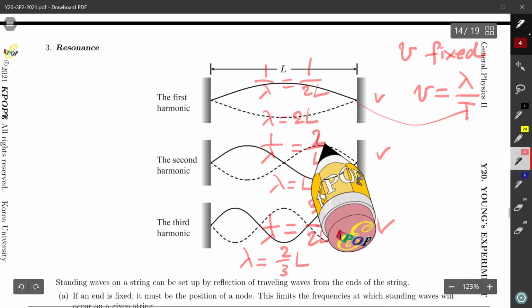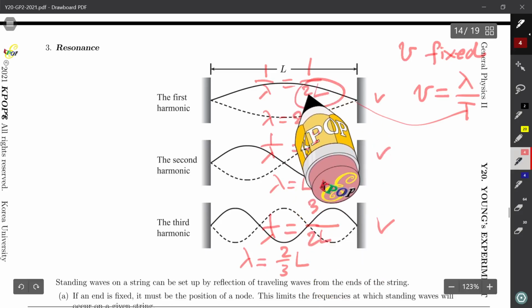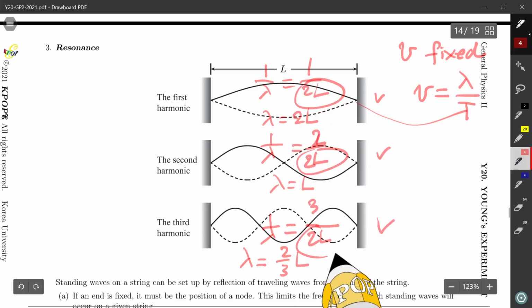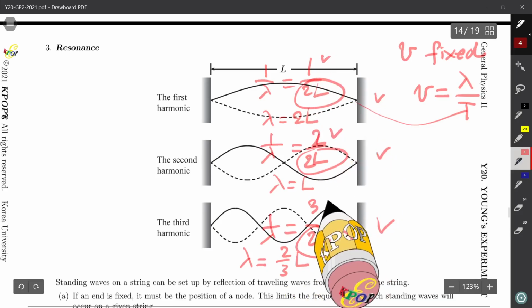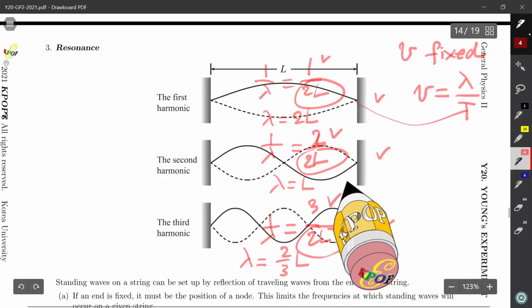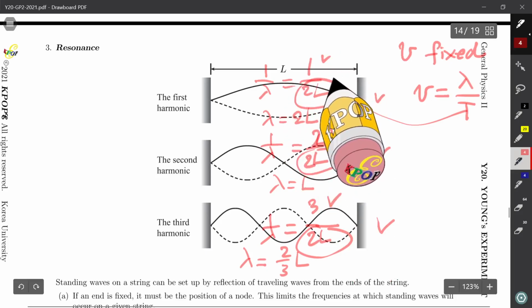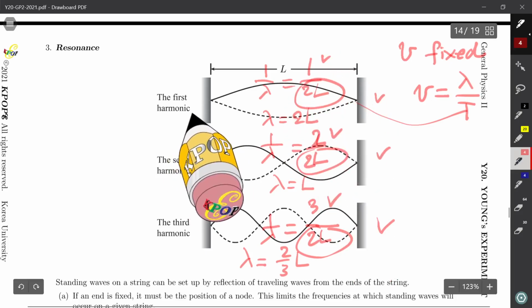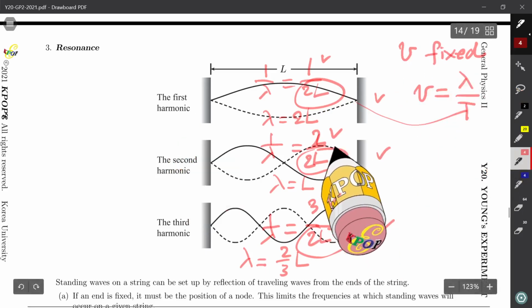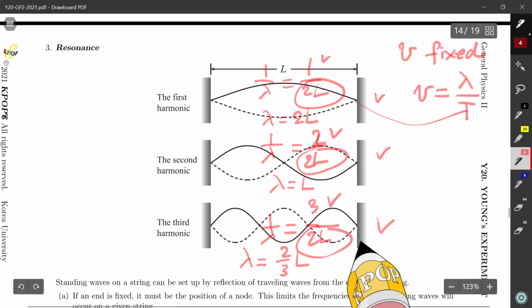So this is 2L. So this one is a common factor. So we have 1, 2, 3. We say the first one is the first harmonic, fundamental resonance. The second one and third one and so forth.